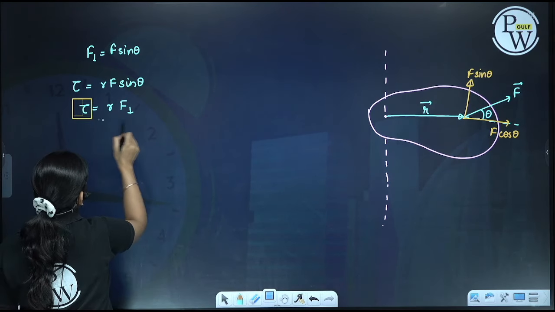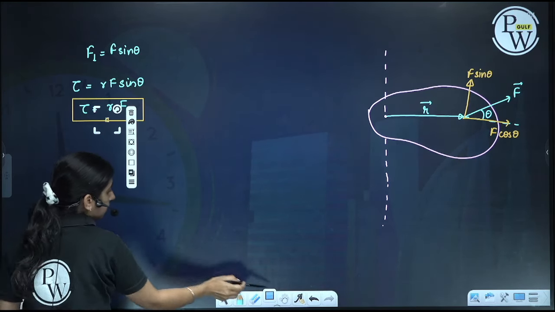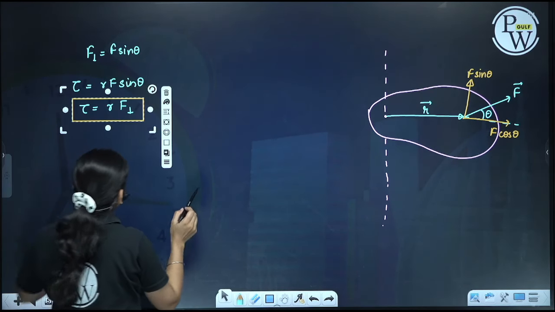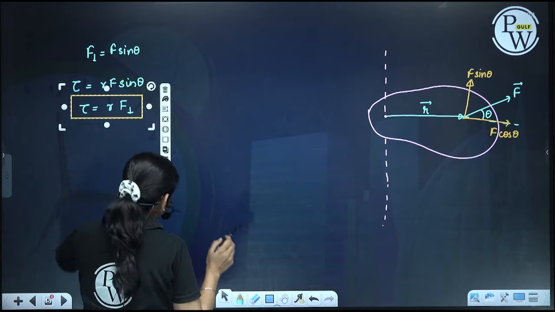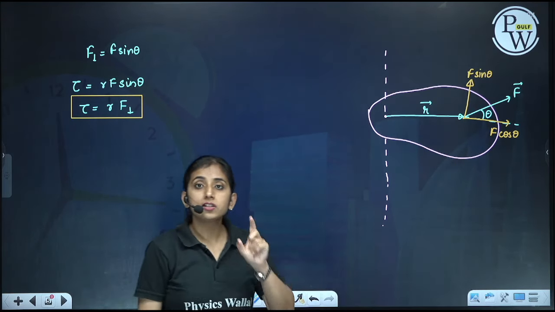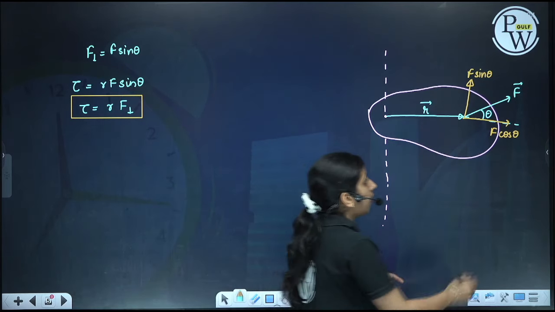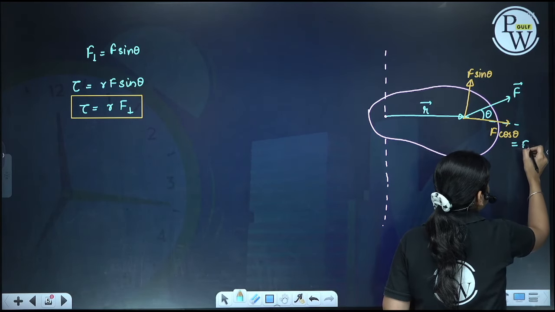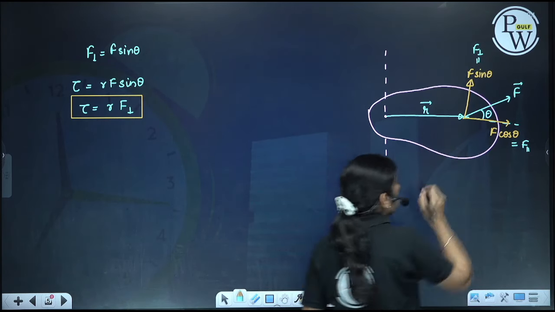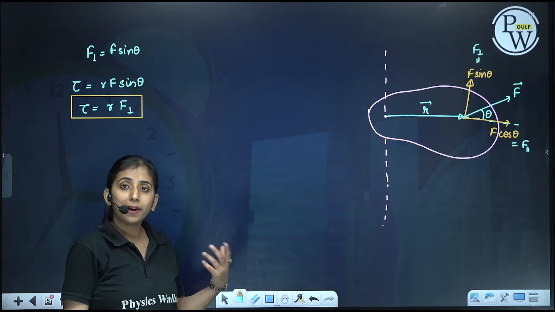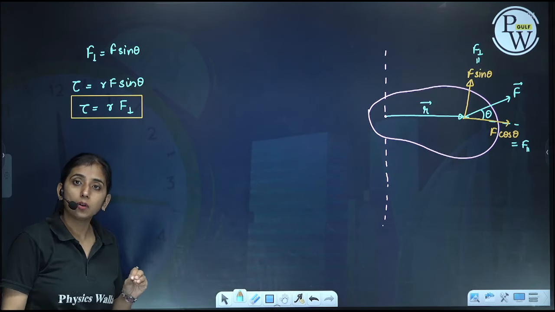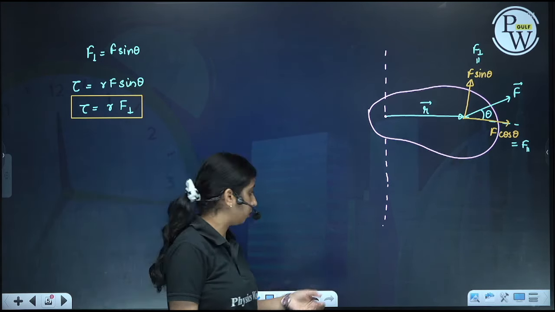This is one way of calculating torque. We can calculate torque by resolving F into two components, one parallel to the R vector, this is F parallel, and this will be F perpendicular. One component perpendicular to R vector and one parallel. So torque is simply R into F perpendicular.